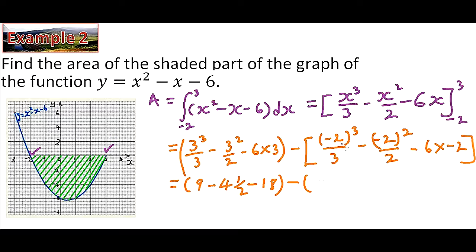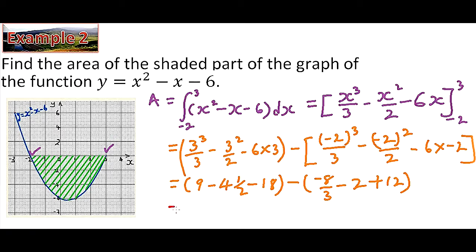Now this will be minus, this minus 2 cubed is minus 8 divided by 3. This will be plus, so we have the minus sign remains, so this will be 4 divided by 2. We get 2, and this is plus. This changes to plus because of the minus 6 and minus 2, so we have plus 12.